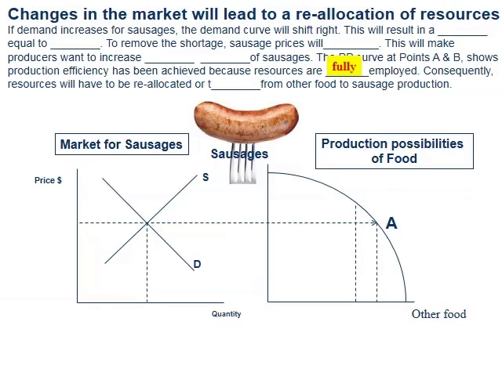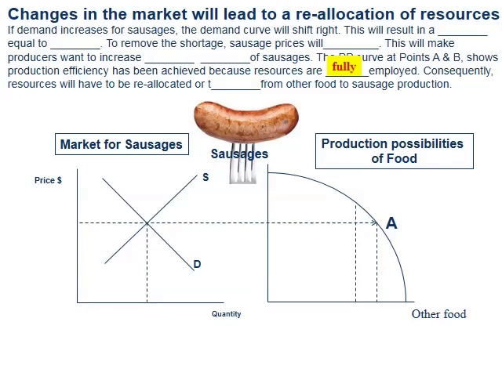Now let's use our two graphical models to show how a change in a market will lead to a reallocation of resources. Resources will be transferred to meet the demands of the market.